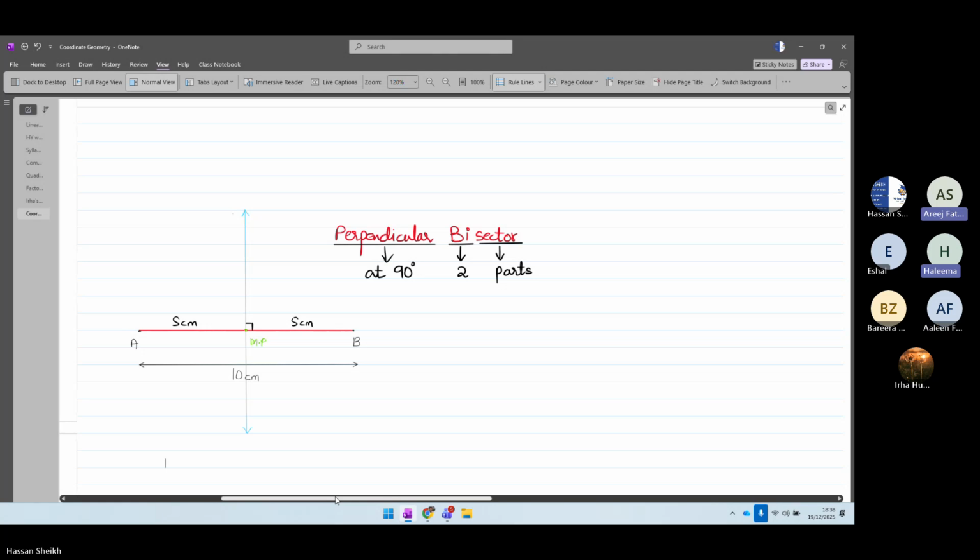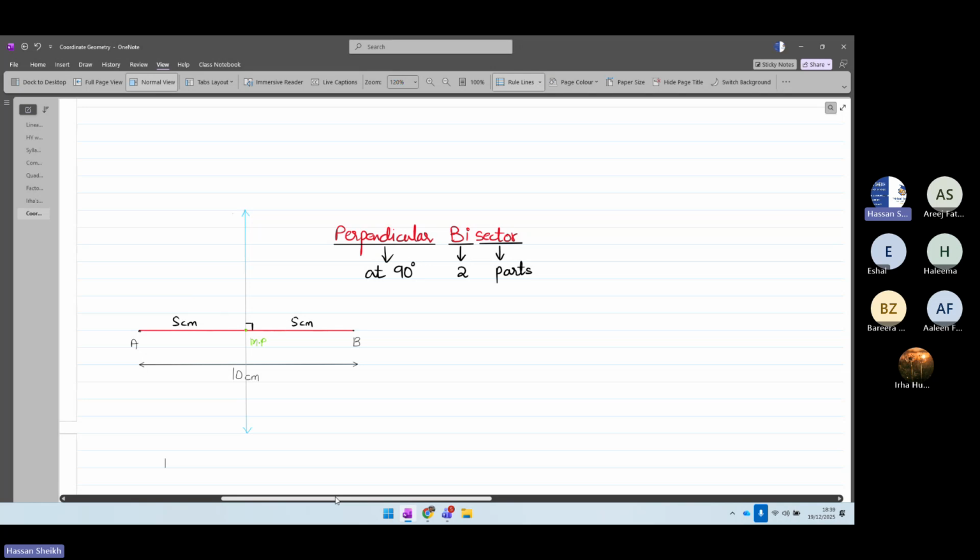Yes. Do you see two lines on the screen? One a horizontal red line and the other a vertical blue line. That blue vertical line is called the perpendicular bisector of the red line AB.